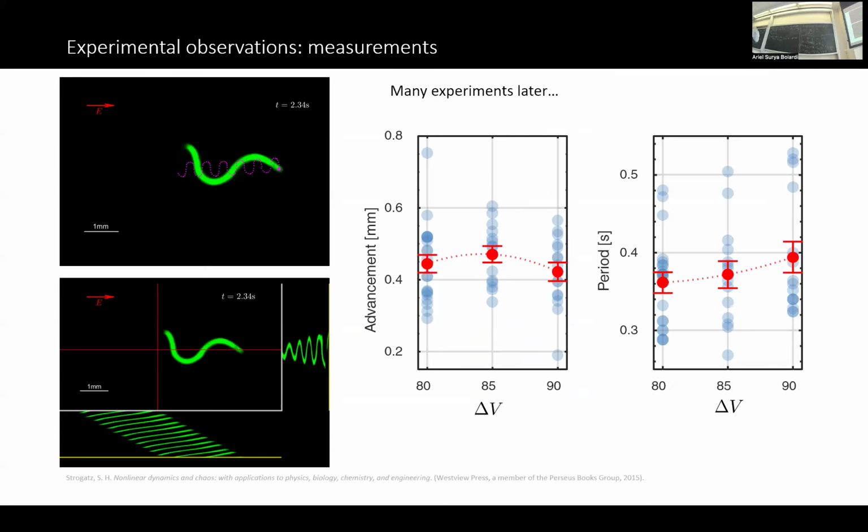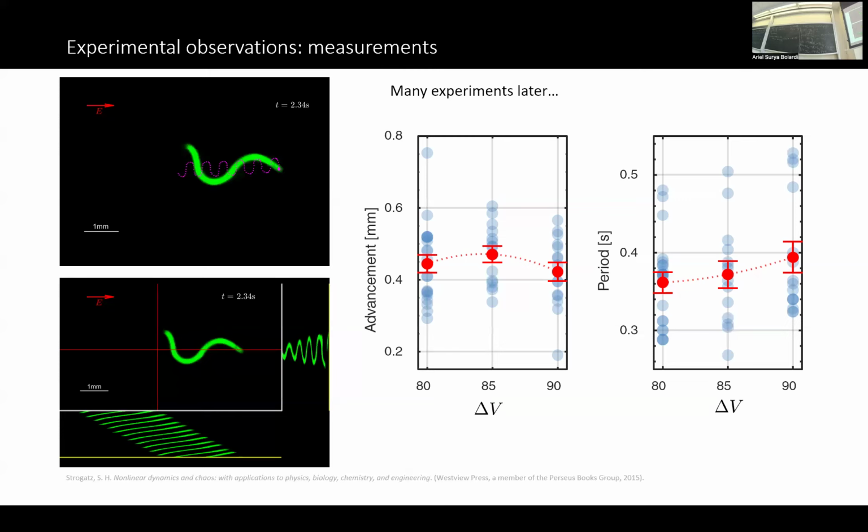So we collected information about what was the average advancement for each cycle of a shape change and the average period of the shape change. And also we performed experiments with different values of the potential difference, at least in the range that was feasible in our experimental setup.